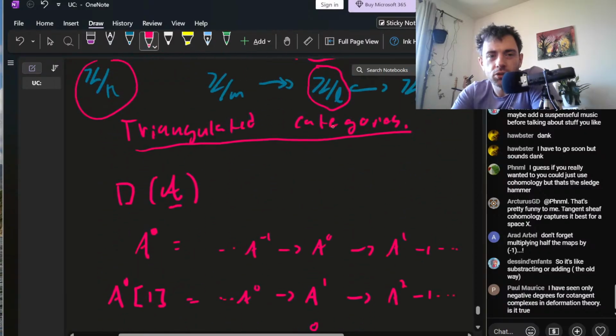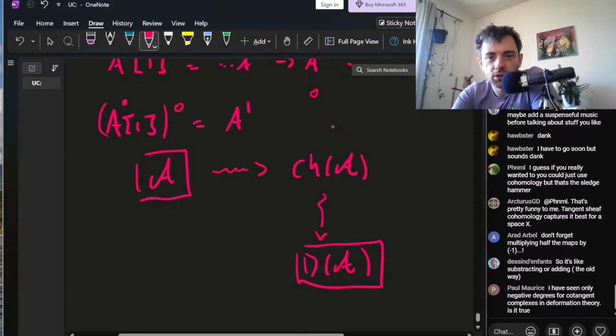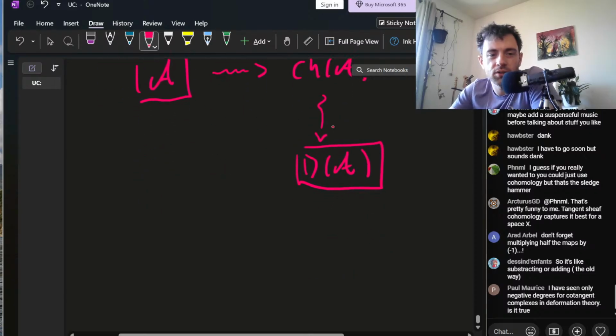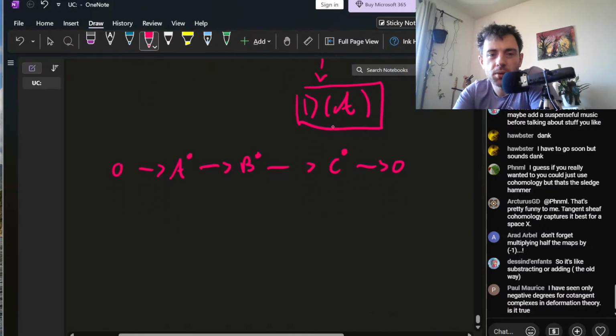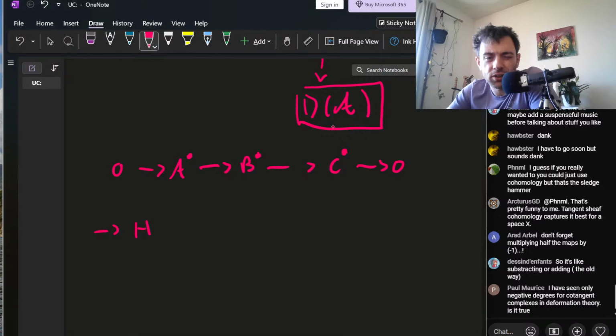Also, we do know sometimes short exact sequences, right? So in chain complexes, I still have short exact sequences, right? And we know that cohomology tends to give us a long exact sequence.